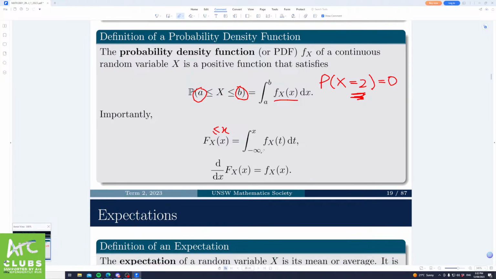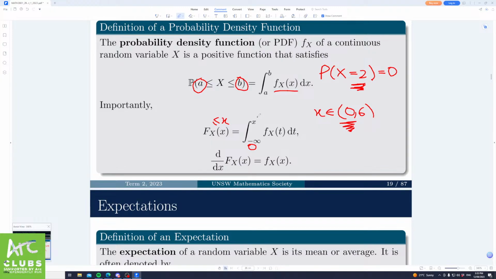Just know that negative infinity is really a stand-in for the smallest value the random variable can take. For example, if our random variable can take any value from 0 to 6, then this lower bound wouldn't be negative infinity, it would be 0, because that's the smallest score we can possibly get. But your upper bound will always be x.